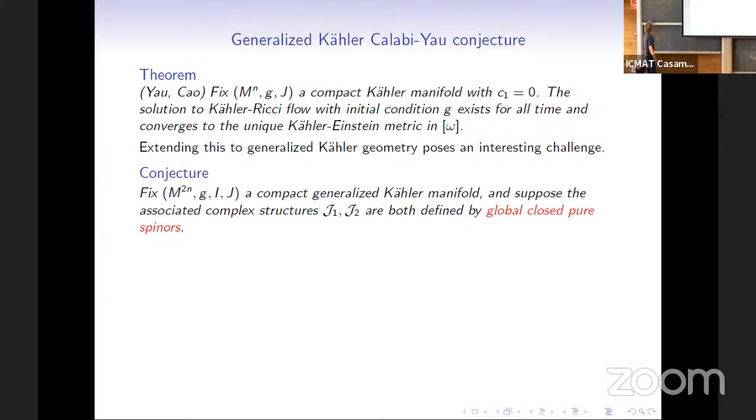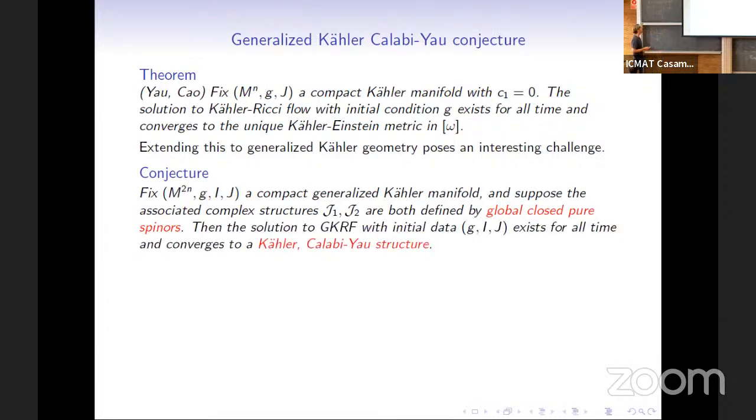This is the case where I have a global Ricci potential, and if you think about it, this is the most direct generalization of the hypotheses here. In the original Calabi-Yau theorem, both GC structures are defined by global closed pure spinors. The Kähler form one always is, and the complex structure one is equivalent to assuming it's defined by a holomorphic volume form. So this is in some sense a direct generalization of the hypotheses here.